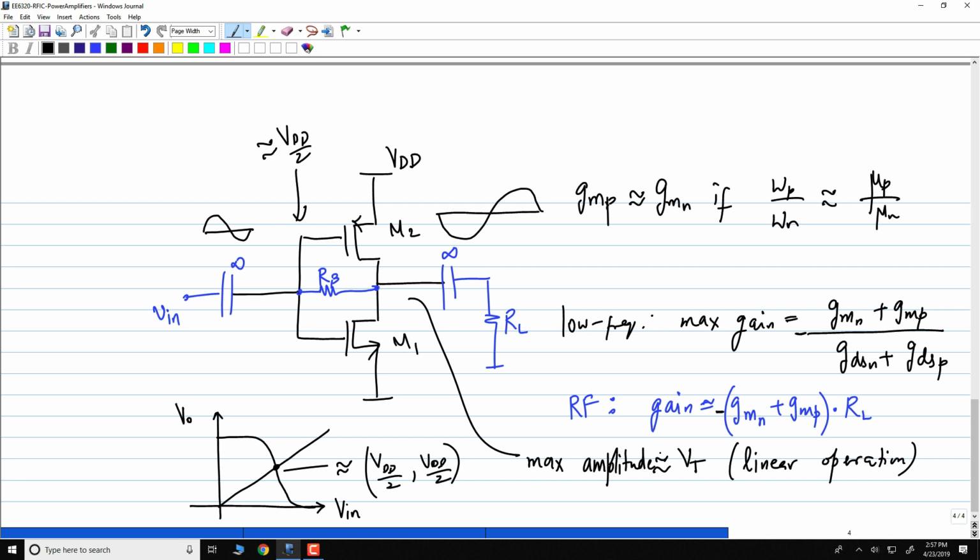Maximum amplitude is Vt. Normally, when you say swing, it can also mean amplitude if you don't say anything. If you say peak to peak swing, then it is this. So maximum amplitude is Vt. Peak to peak swing is 2 Vt.